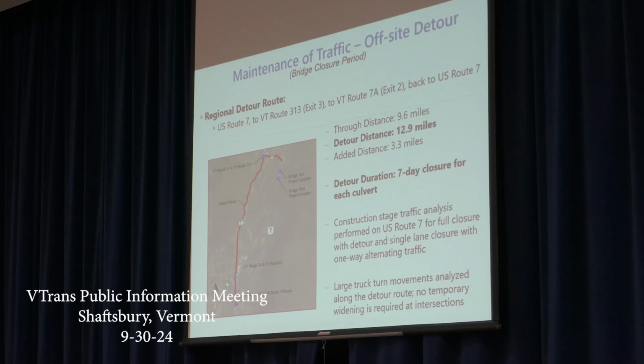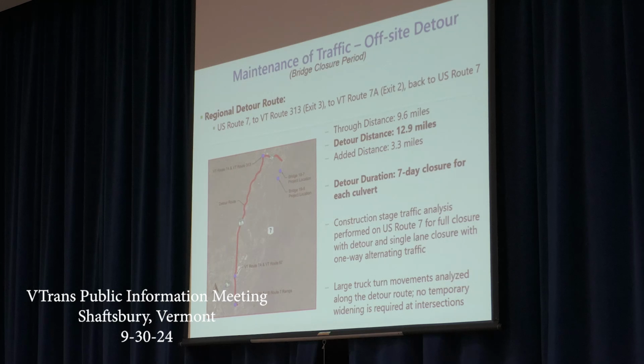So the off-site detour would involve a regional detour route from US 7 to Vermont Route 313 at exit 3, along Vermont Route 7A, back to exit 2, and then back to US 7. This adds a detour distance of about 3.3 miles.